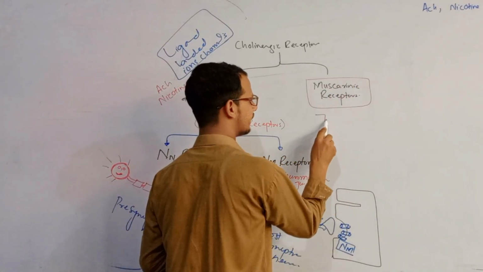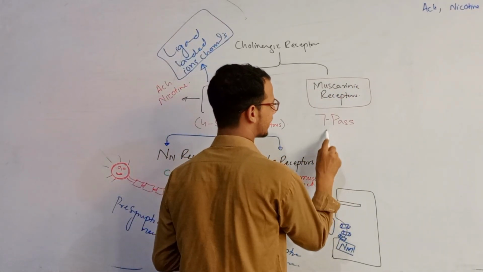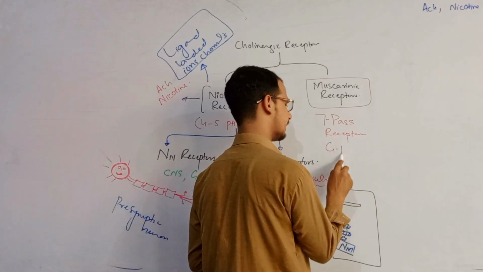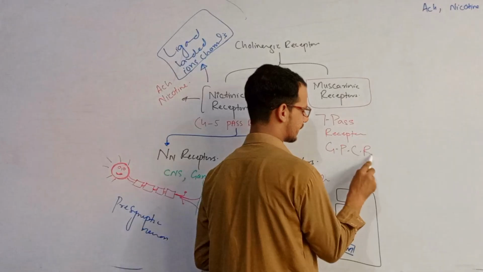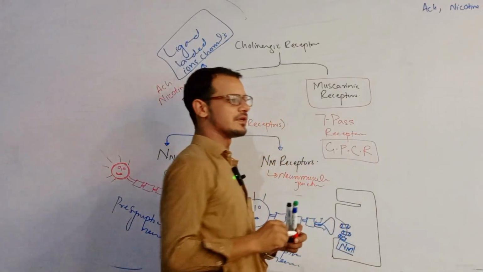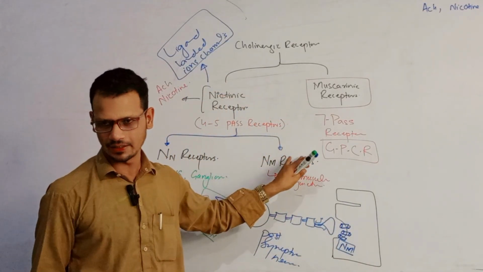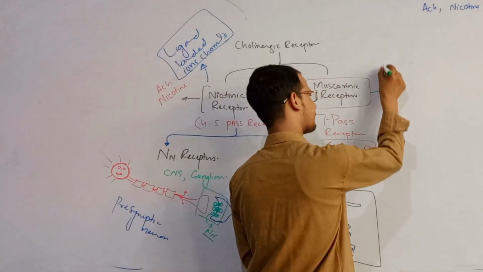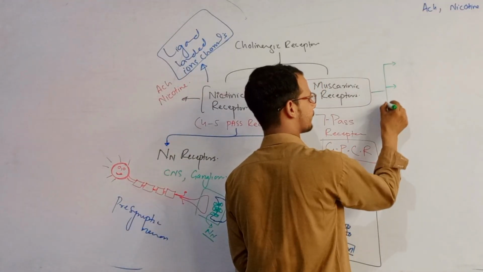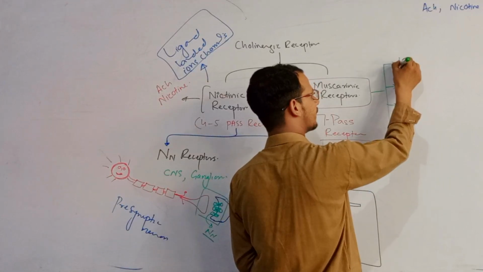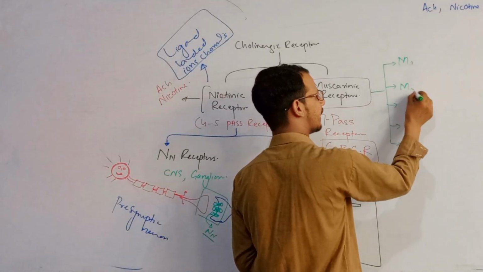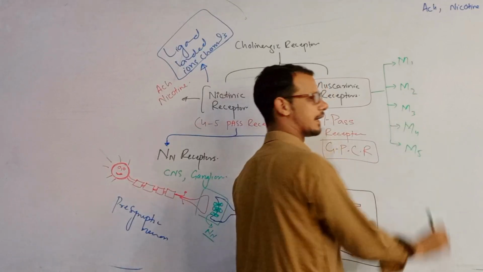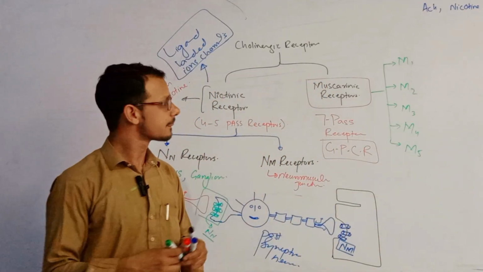Now the muscarinic receptor. Muscarinic receptors are 7 pass receptors, also known as G protein coupled receptors. I have discussed in detail the mechanism of muscarinic receptors, but how many types do muscarinic receptors have? 5. We have M1, M2, M3, M4 and M5 receptors, right?